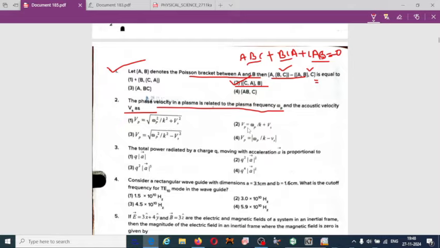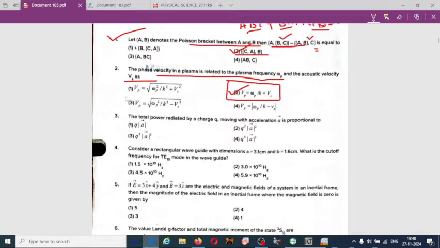If you have any doubts, you can raise the queries and submit your doubts by paying the fee. So for this question the answer is option 2: the phase velocity Vp is related to the plasma frequency and acoustic velocity by equation 2, as the answer key they have given.